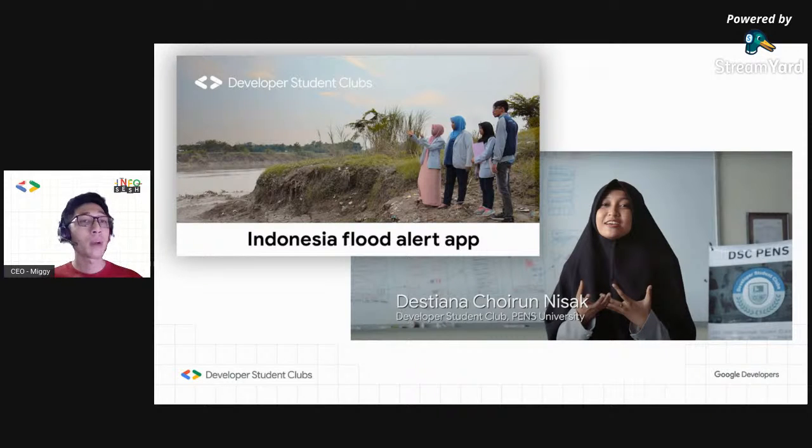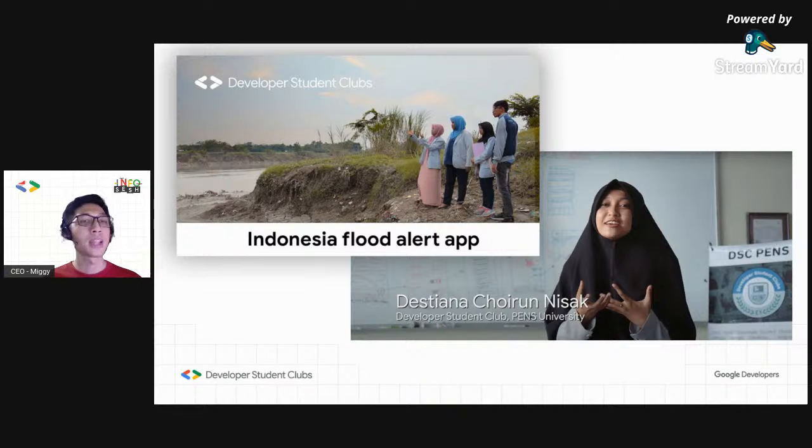The usual problem they have is that villagers are not aware that there's going to be a flood. They would need to rely on a WhatsApp group chat just to be informed na tataas na yung baha and they need to evacuate.